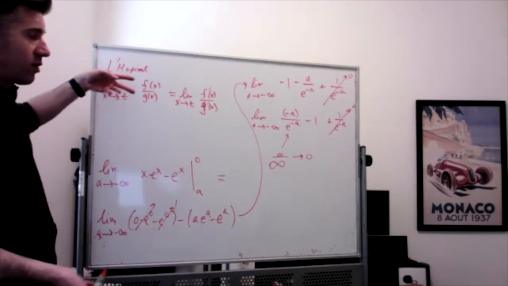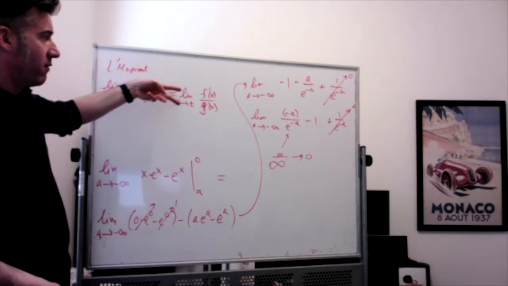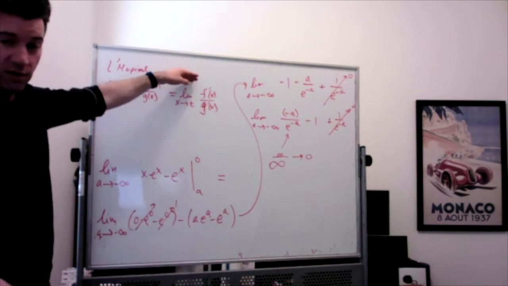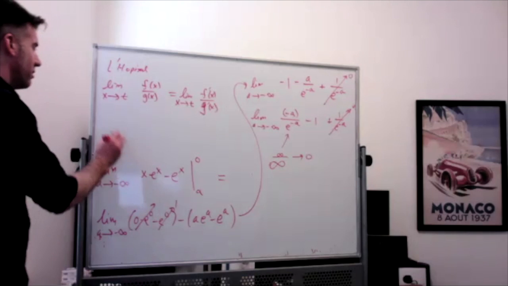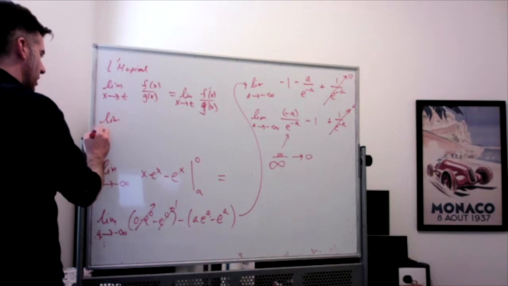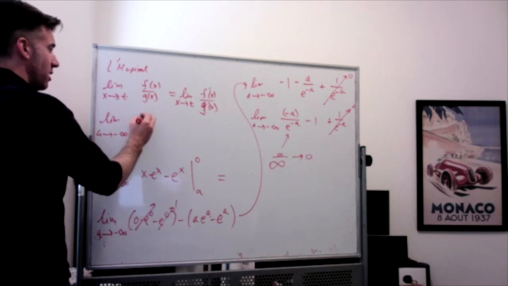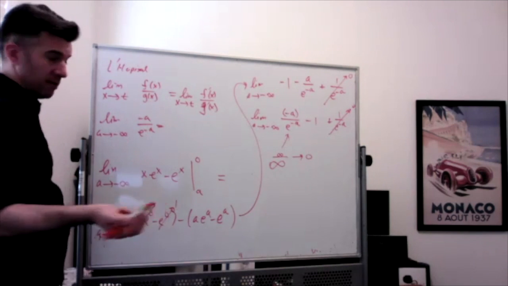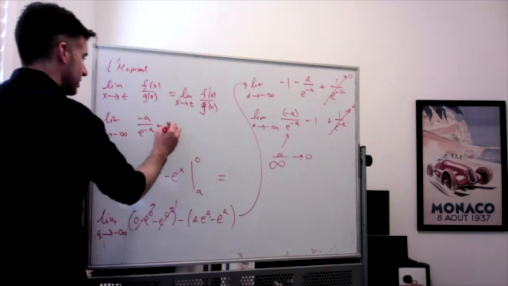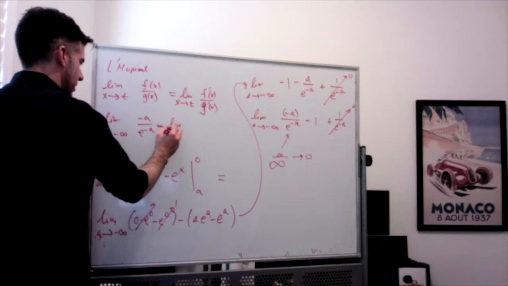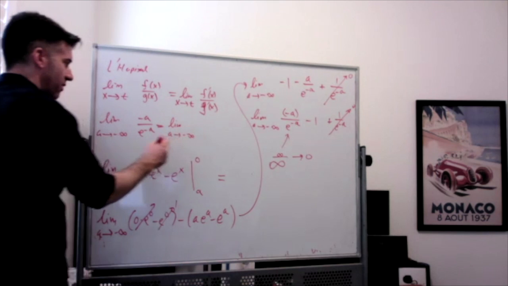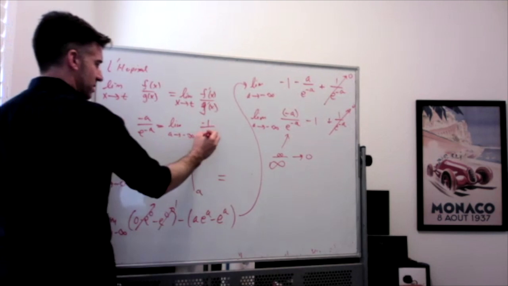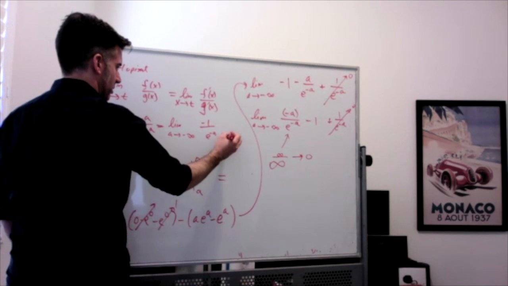So the limit of a quotient is equal to the limit of the quotient of the derivatives. It's not the quotient rule. You're seeing the derivative of the top and derivative of the bottom. So what you could say here is that the limit as a goes to minus infinity of negative a over e to the negative a, which is an infinity over infinity type, is equal to the limit as a goes to minus infinity of the derivative of the top, which is -1, over the derivative of the bottom, which is e to the minus a times -1.